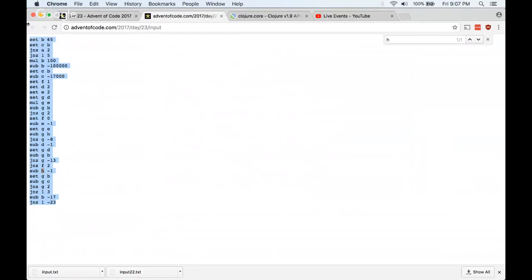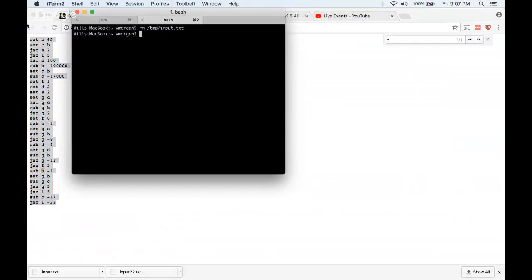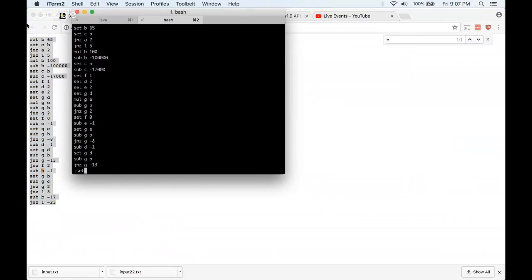So let's take a look here. So this is actually line 11 here. And then, so it looks like jump non-zero G. Okay, so it needs to wait for, so okay.